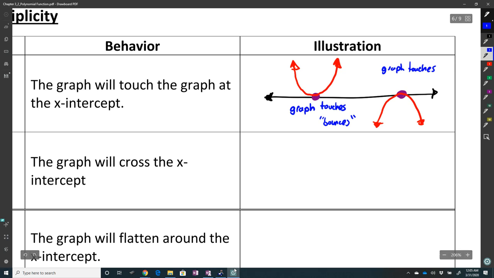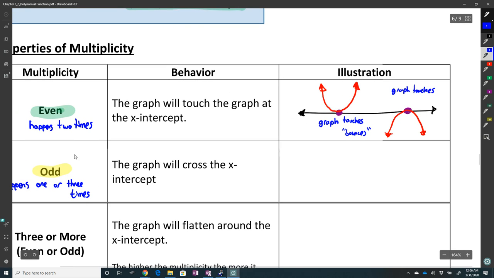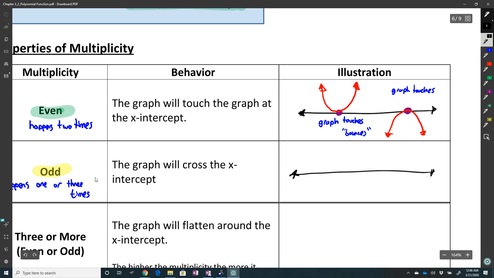So if you're dealing with an x-intercept that happens 2 times, the graph is going to bounce on the axis. If it happens 1 time or 3 times, because those are the only x-intercepts that we're going to worry about in this class, then if it happens 1 time, the graph is just going to cross it without slowing down. And so this is 1 time. The graph crosses without slowing down.